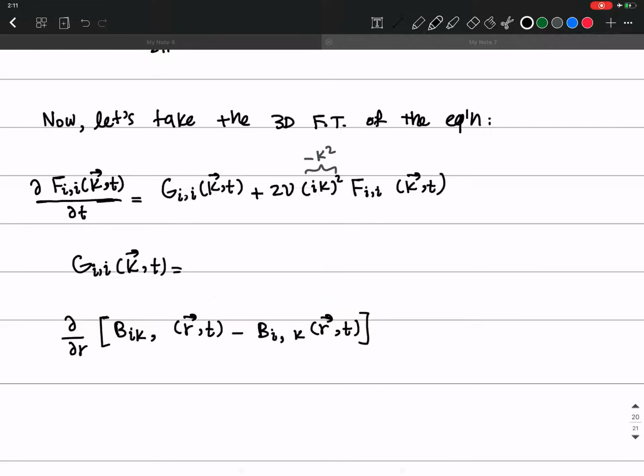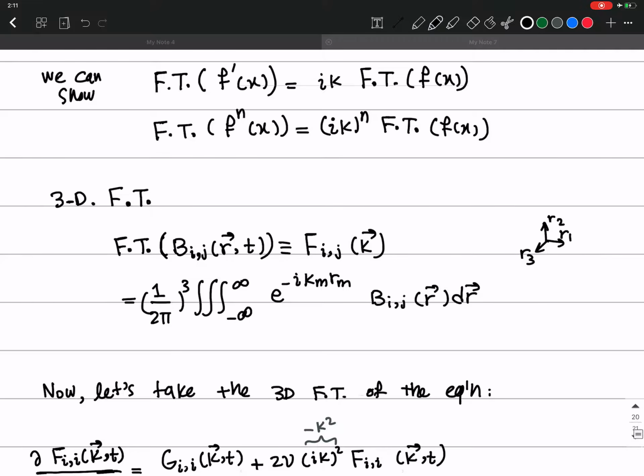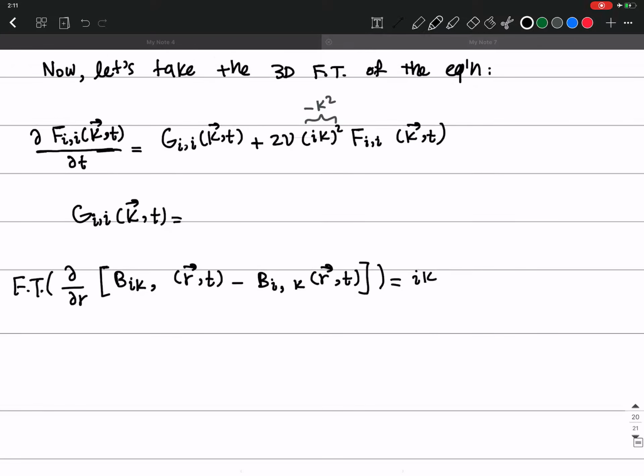Because it's partial over partial r, if you take the Fourier transform of this, we are going to have ik from here, because it's the first derivative, and then the other terms. So I just write it down here.